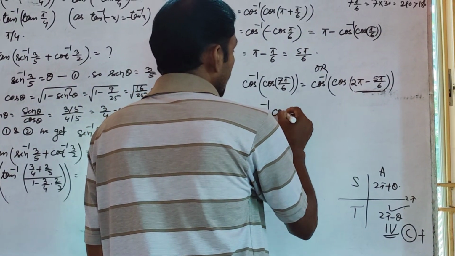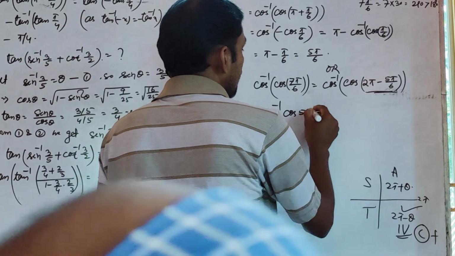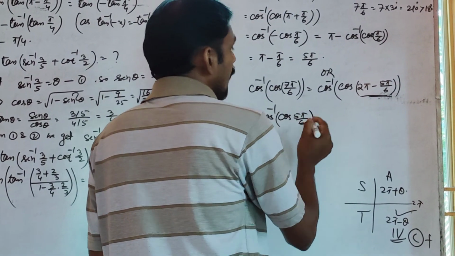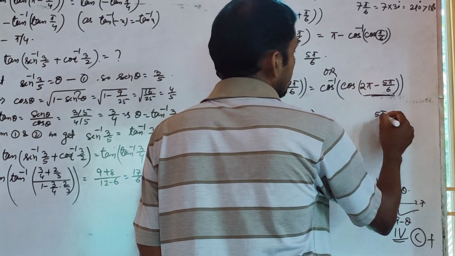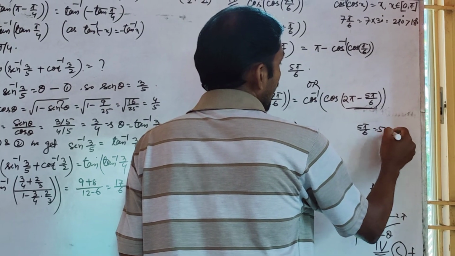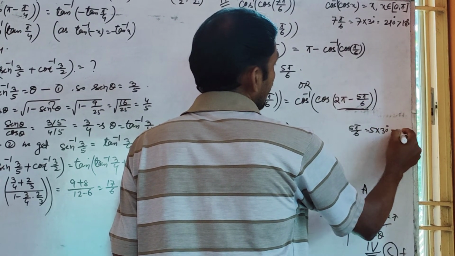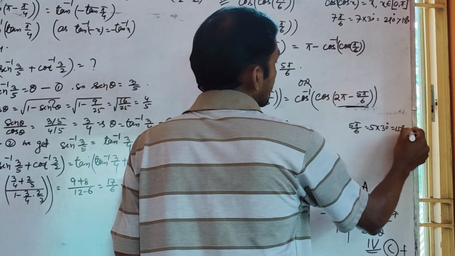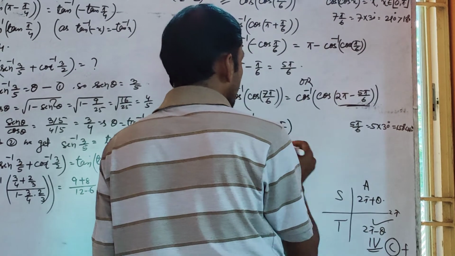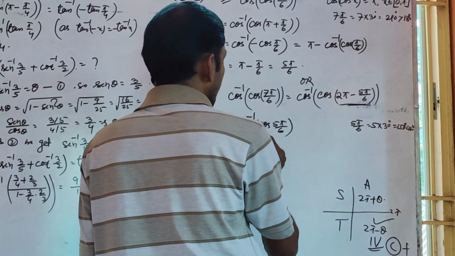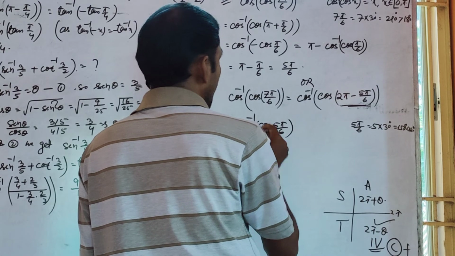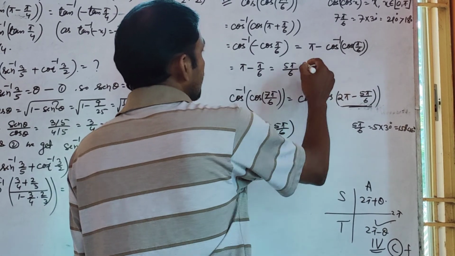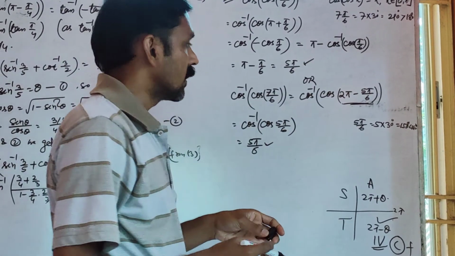So cos inverse of cos theta, where theta is 5 pi by 6. Now 5 pi by 6 means 5 into 30, that is 150, which is less than 180. It lies between this angle. So here the angle you can write is 5 pi by 6. So you see both the answers are the same.